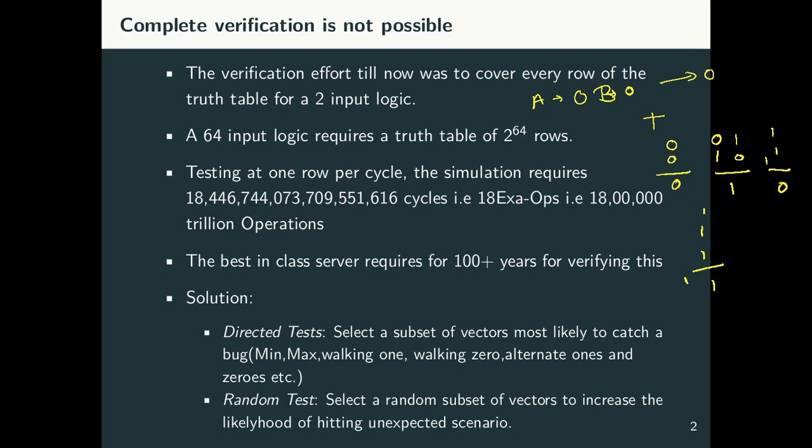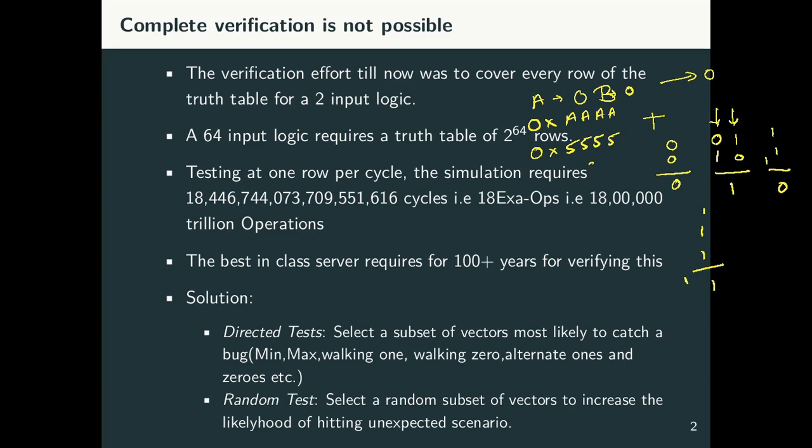Similarly, I can say that my A input is a hex value of all A's and my B input is a hex value of all 5's. That will translate to this combination, and similarly if I swap A and B, it will translate to this combination.